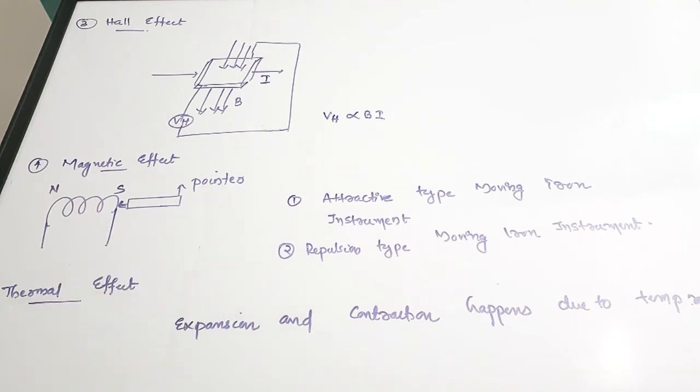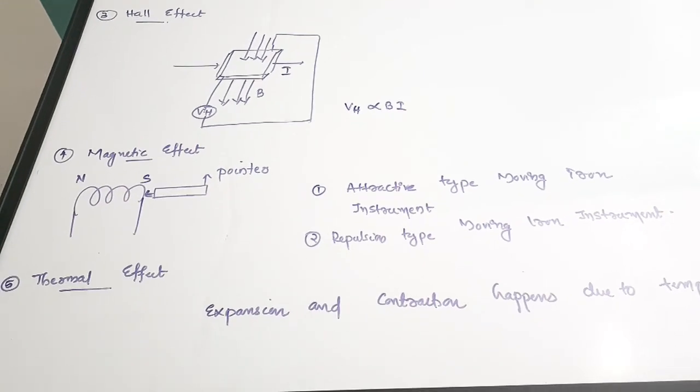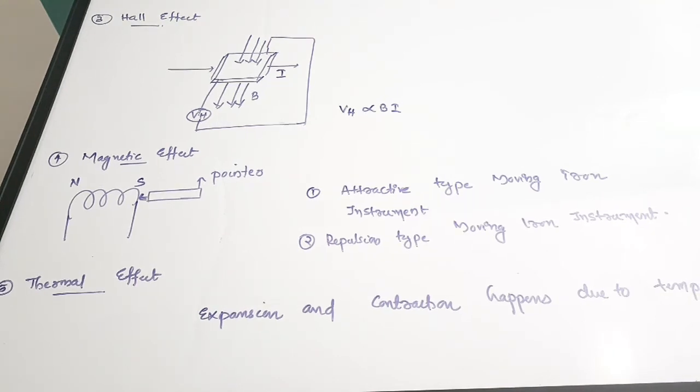Then the last category, or the fifth category, is thermal effect type, or the instruments which make use of thermal effect. We all know that expansion and contraction of materials can happen due to temperature variation. When the instrument is expanding, the pointer will move and it will return to the steady state when the conductor or the material is contracting.